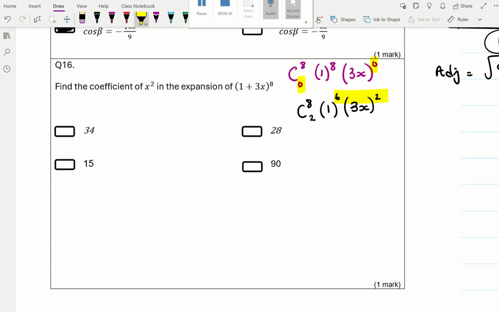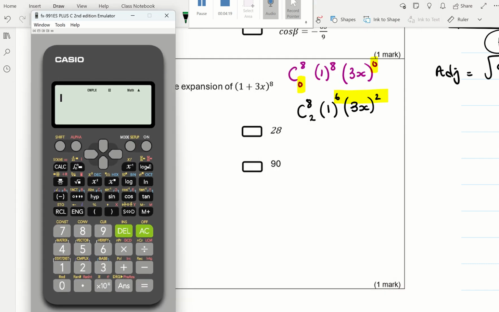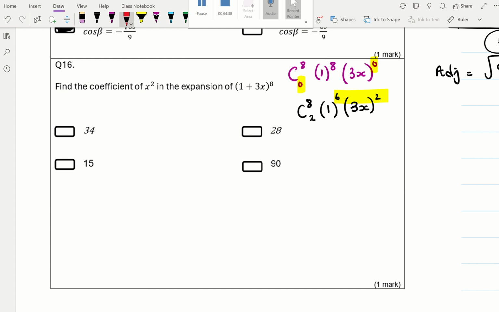Then I'm going to get my calculator: 8, and then shift C, 2, I can press equals, times 1 to the power of 6 is 1, so I don't really need that, and then times 3 squared, and that is 252.